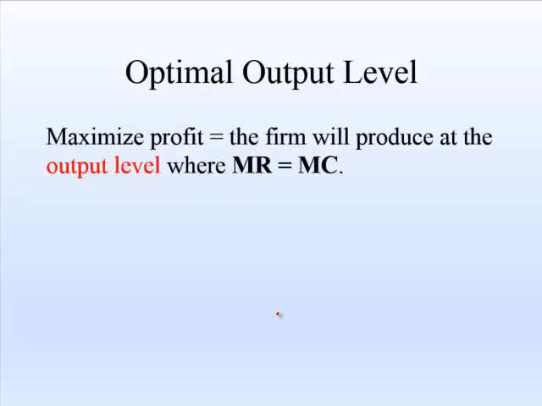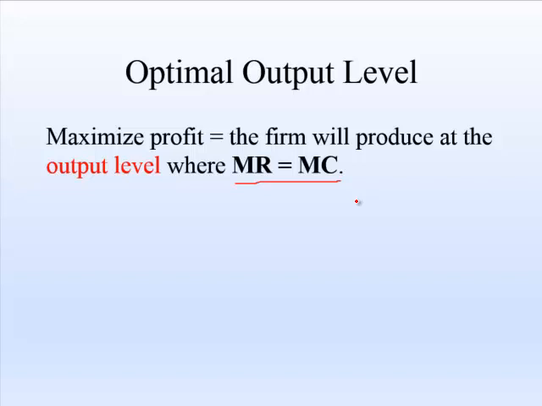In perfect competition, the firm will produce up to the point where marginal revenue is equal to marginal cost, because if they increase beyond that, the cost will be higher than the revenue.